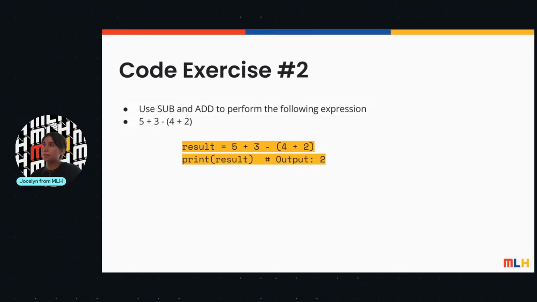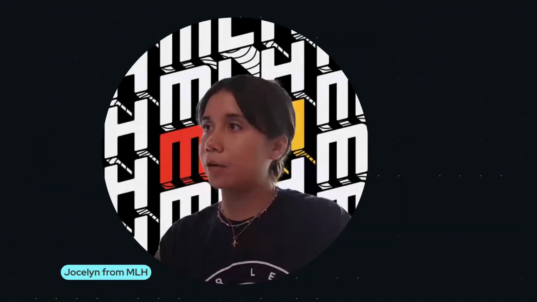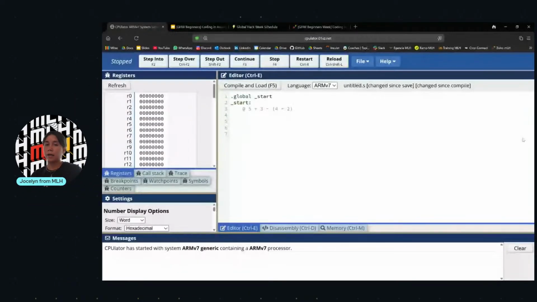That's the operation we want to do. I already typed it in on our assembly notepad. The first thing we're going to do is store the 5 and the 3, because I can add these two together and then just do the subtraction on whatever happens on the other side.